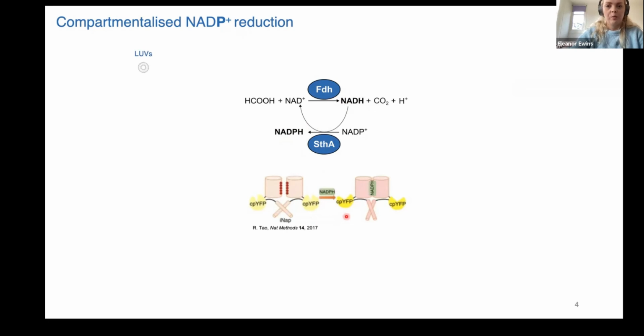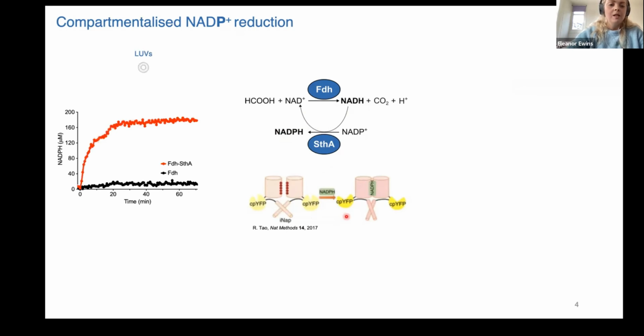So first of all, we put our system inside LUVs, and what you can see here is when the sensor is present and we have the reaction just with the FDH reaction, or we have the coupled SDHA-FDH reaction here, then we see an increase in the formation of NADPH.